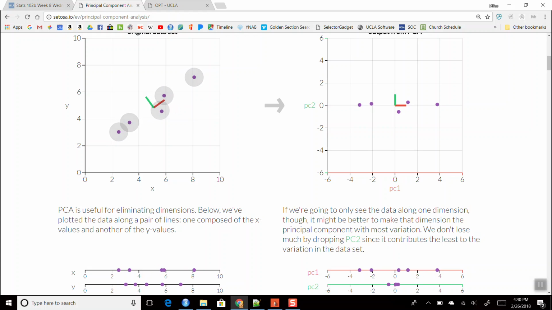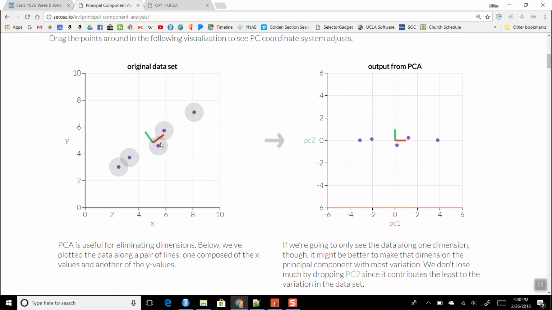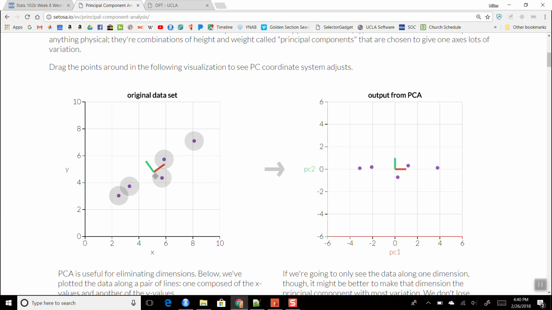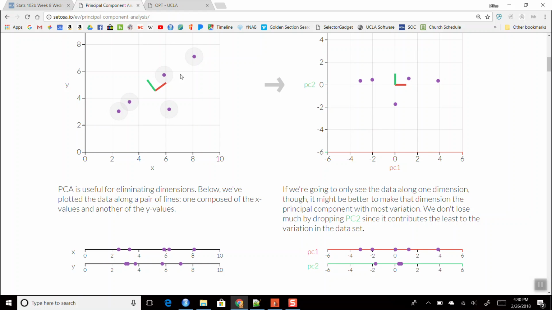With this thing, I can actually drag the data point. It's kind of tricky to do here, okay? So here, if I drag this middle data point, it doesn't actually affect the principal component's direction very much, okay? We can still see everything ends up this way, but if we look at the variation in the second principal component, we see that this one data point displays a bunch of variation, right?